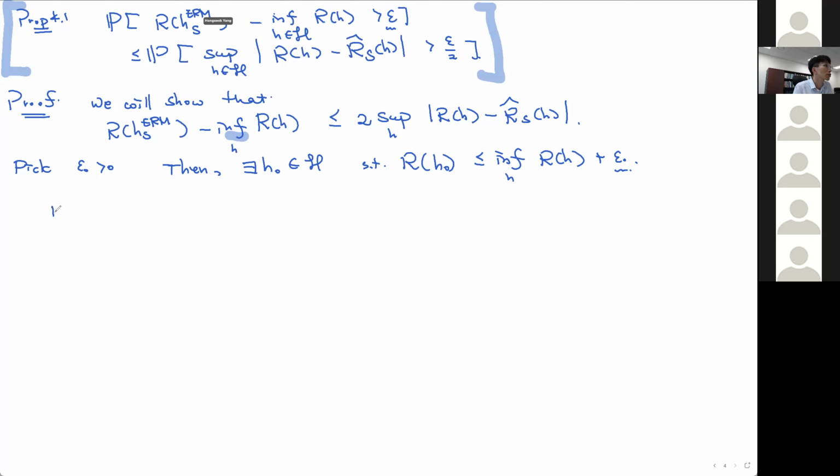So then we do the usual trick. Usual trick is, we add and subtract the same thing and then do some manipulation about it. And minus infimum. And we add and subtract the risk of this hypothesis H0.